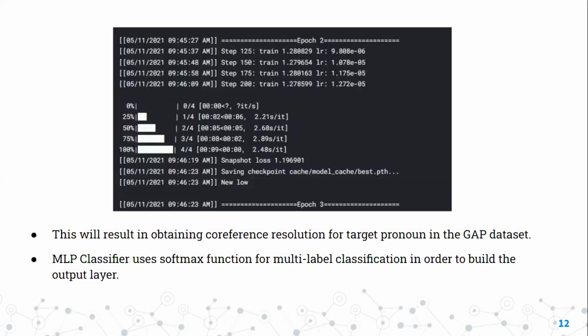And here is the snippet of the training where we can see the snapshot ensemble method in action. Here we can see that if the snapshot loss is lower than the previous loss, using the snapshot ensemble method we take the new low. And then, as I said earlier, we are using the softmax activation function for multi-class classification.